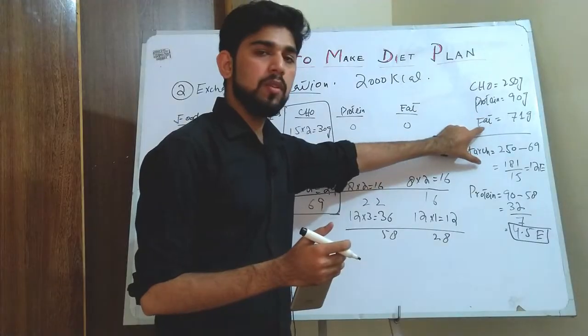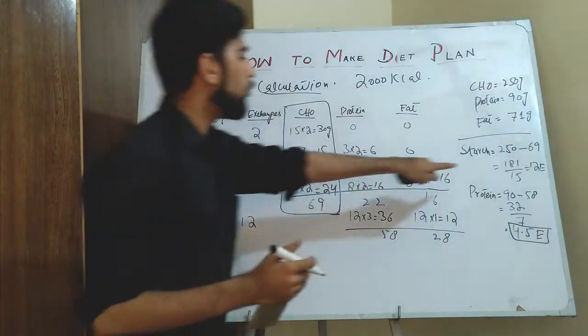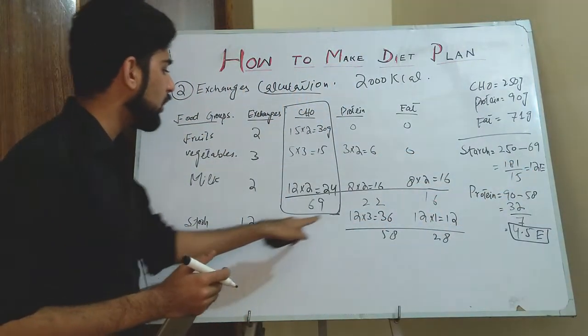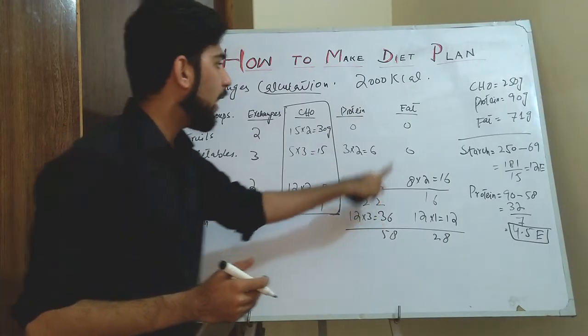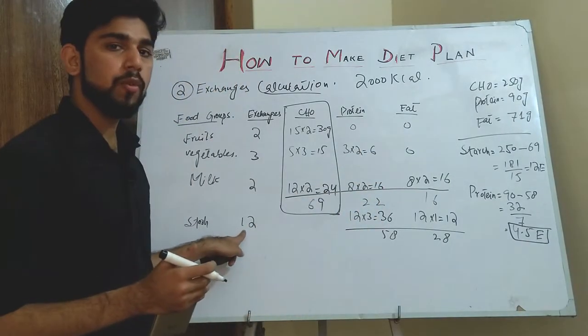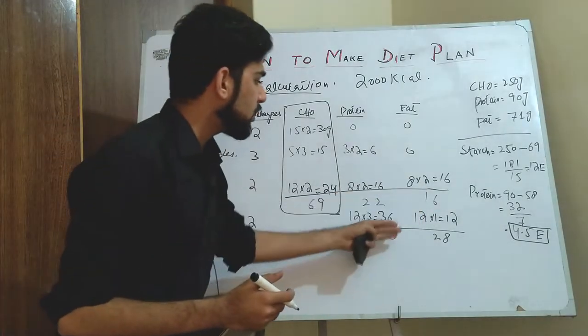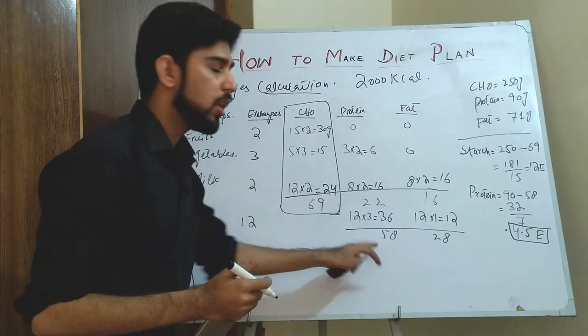As we calculated the exchanges of starch, we calculated the exchanges of protein. Here we get 12 exchanges of starch, and from that we calculate protein present in the starch. 12 into 3, 36, and one exchange of starch gives you 1 gram fat, and we get 12. And then we calculate it: 16, 12, 28, 22 plus 36, 58.